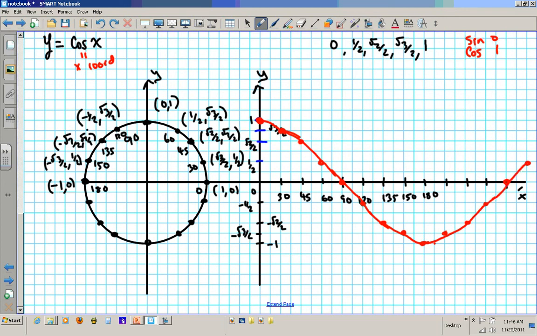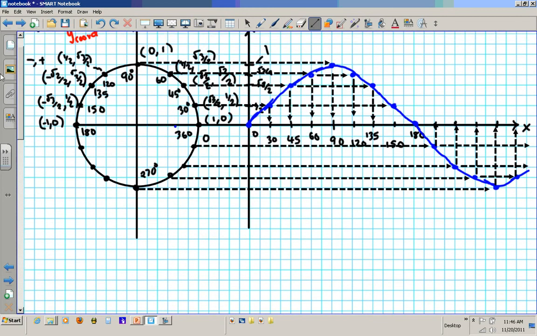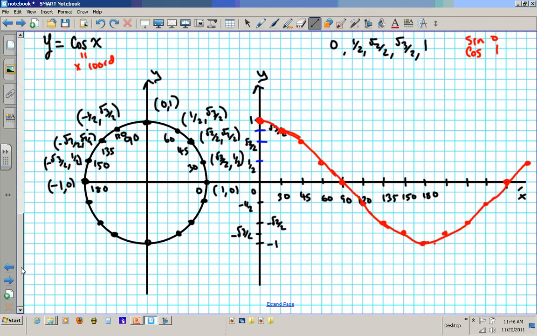And there goes your cosine curve. Alright, so it's very similar to the sine graph, only that it's starting from a different place, if you notice. It's that wave pattern just like this, only that it's starting from 1. Okay, so now you connect the dots.